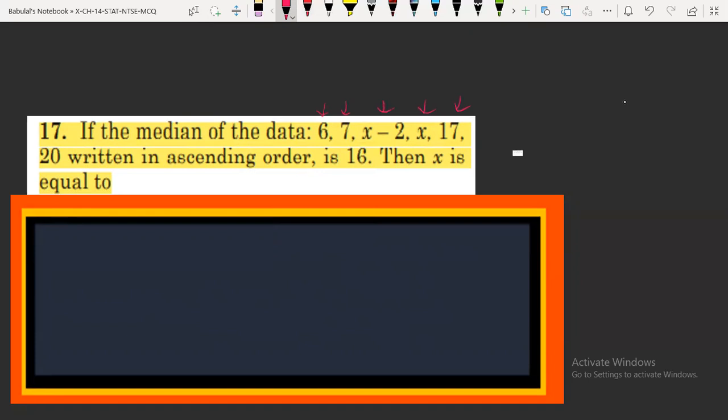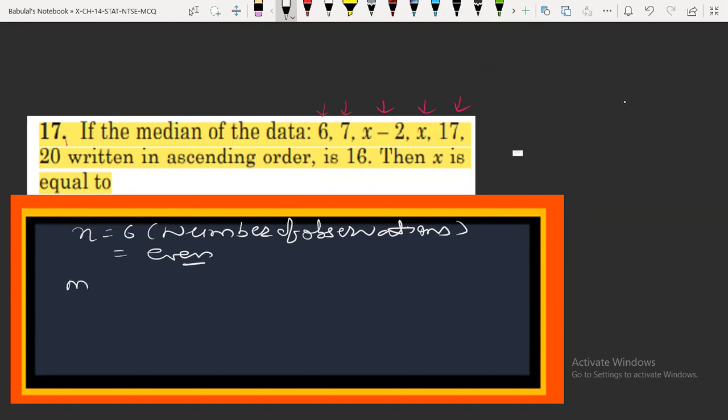There are total 6 observations. So n is equal to 6, and we can say this is even.